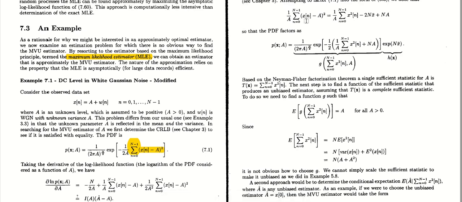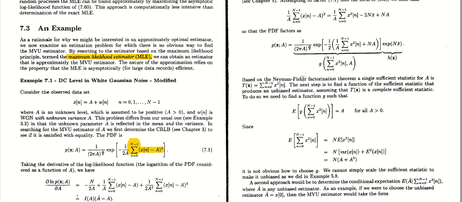You put this term, factor it out, and multiply out. So you get this. Now you see you get this term, and then N x bar, g of x squared, A. So it seems like we have put it into the Neyman-Fisher factorization form.